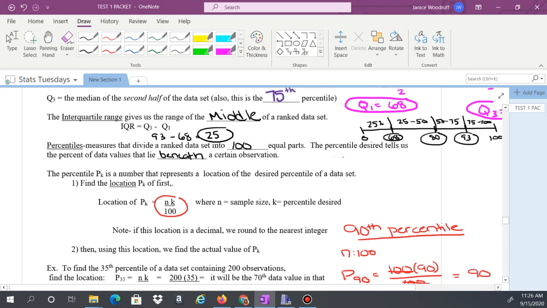But how many percentiles are there? There are 99 percentiles. 99 percentiles divided into 100 equal parts. I know it can be confusing, but that's because you have the first percentile and then the 100th percentile, which gives you 99%. So you have 100 equal parts with 99 percentiles.